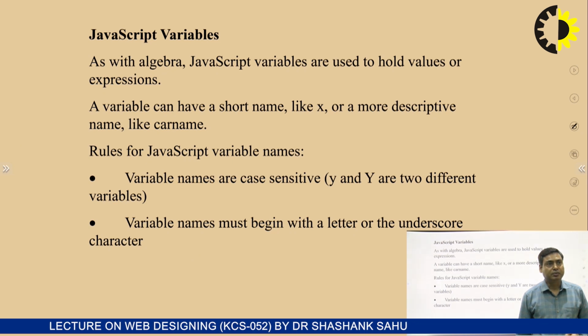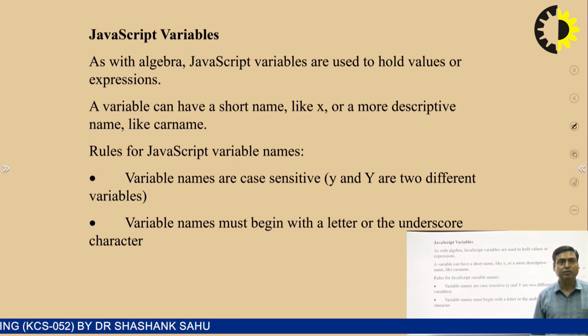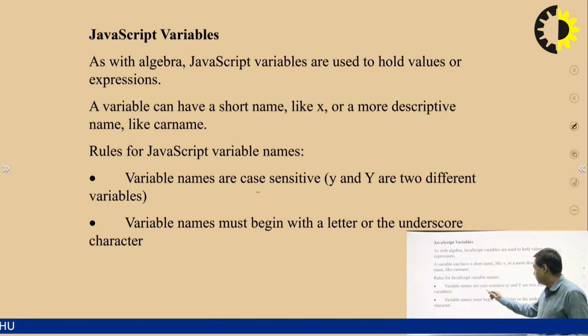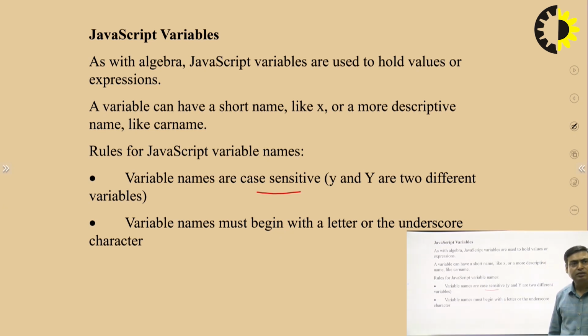Now JavaScript variables. As in any other programming language, we can define variables in JavaScript also, and variables are case sensitive. There are some basic rules for creating a variable. Like in any other programming language, a variable name must begin with a letter or the underscore character.